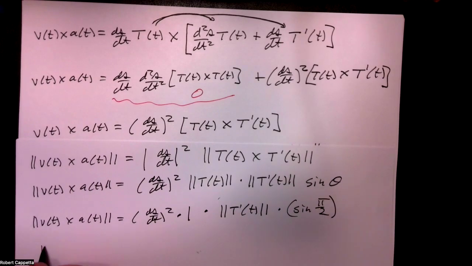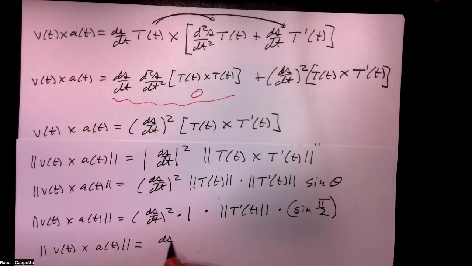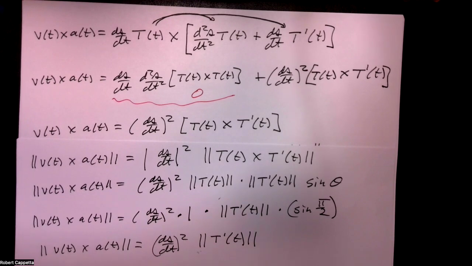Which brings me to this very important line. What do we get? We get the magnitude of v of t cross a of t is ds/dt squared times the magnitude of T prime of t. So that is going to be a key piece that we're going to need to develop our formula for the curvature.